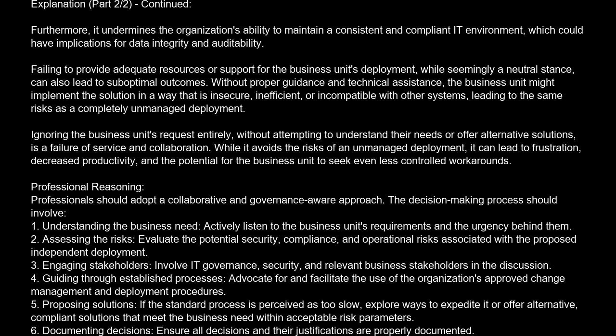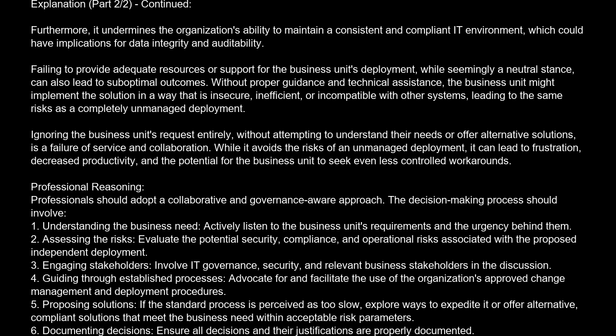Professional reasoning. Professionals should adopt a collaborative and governance-aware approach. The decision-making process should involve: 1. Understanding the business need. Actively listen to the business unit's requirements and the urgency behind them. 2. Assessing the risks. Evaluate the potential security, compliance, and operational risks associated with the proposed independent deployment. 3. Engaging stakeholders. Involve IT governance, security, and relevant business stakeholders in the discussion. 4.